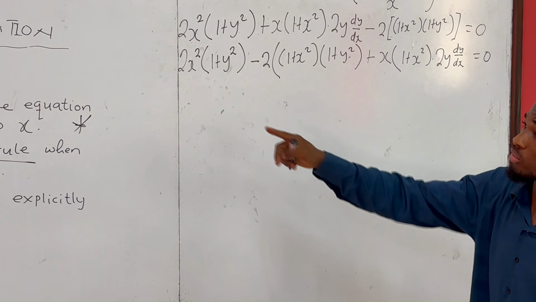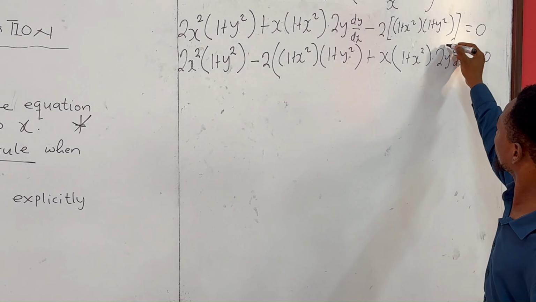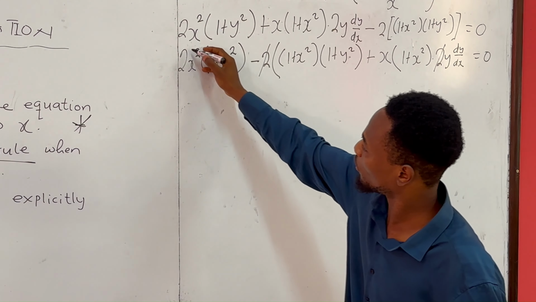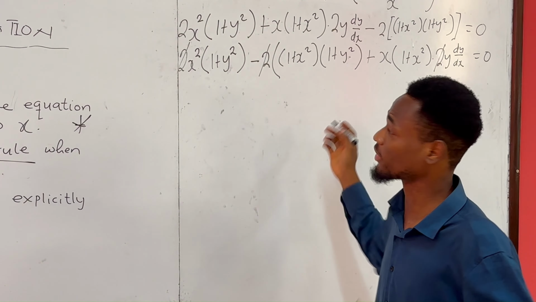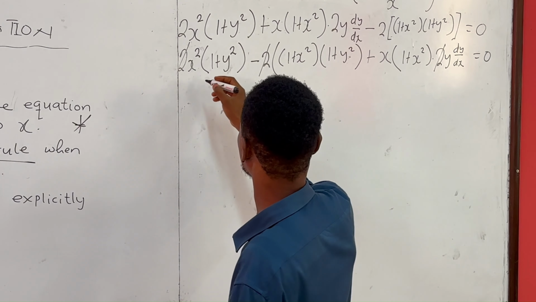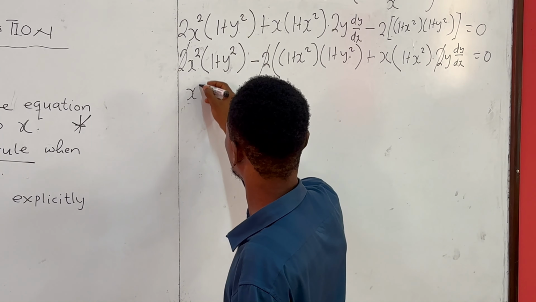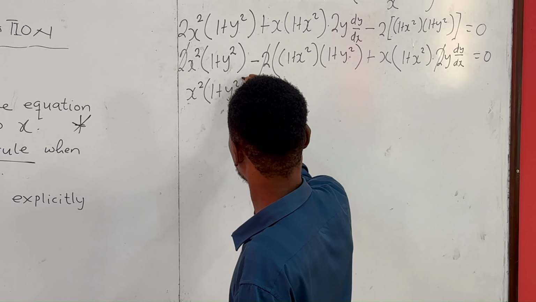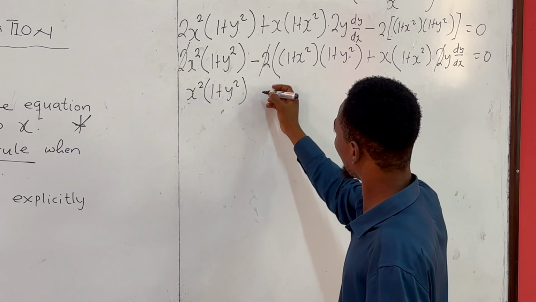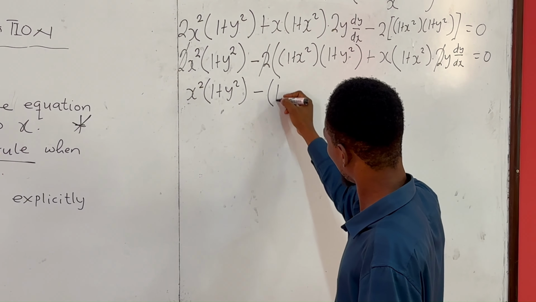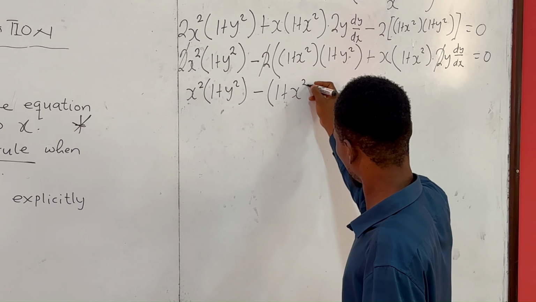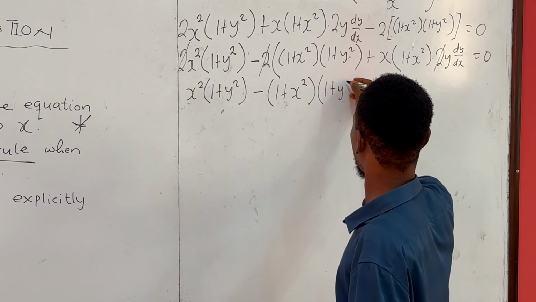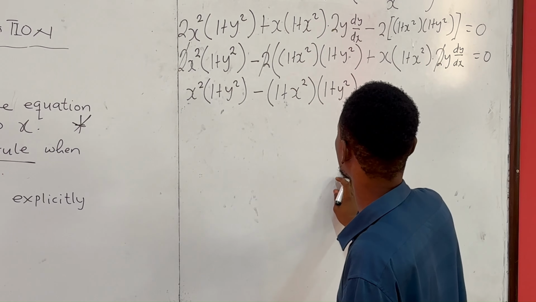2 is common, so these 2 will cancel these 2, since it's a common factor. So I'll have x squared bracket 1 plus y squared, then minus bracket 1 plus x squared multiplying 1 plus y squared.